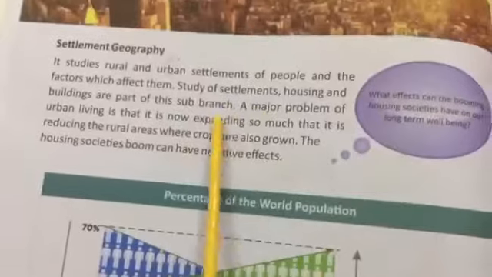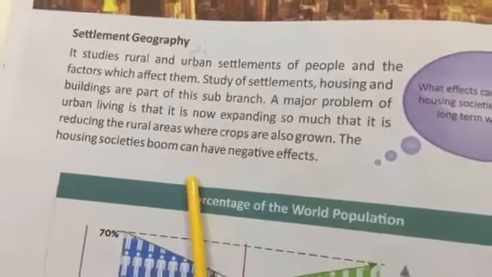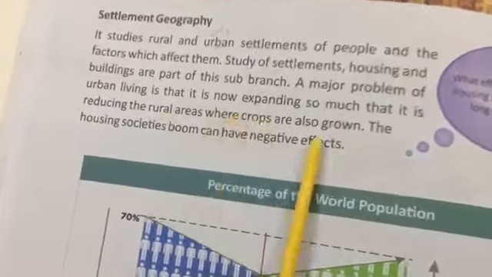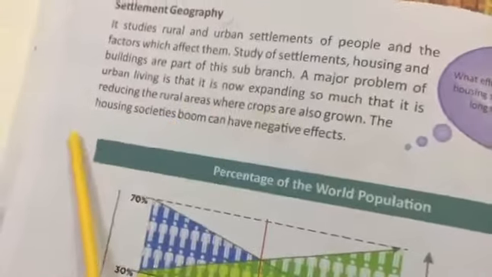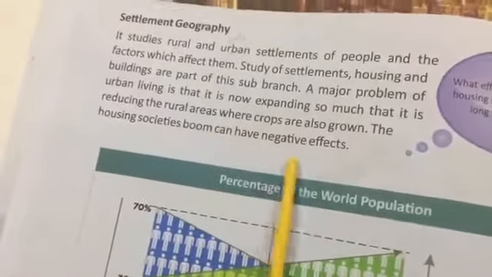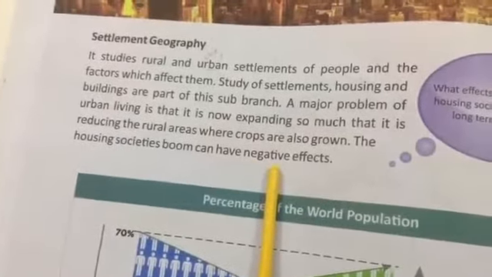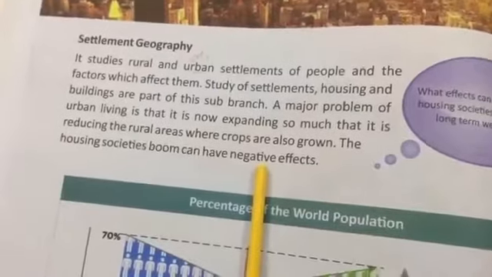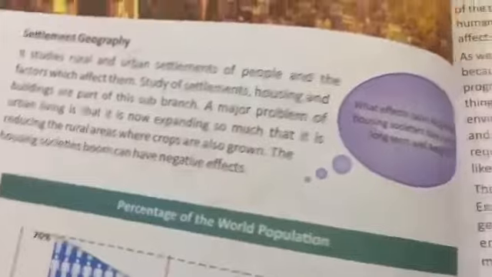As more houses and buildings are being built, it is reducing the area of rural regions, and it is reducing the growth of crops. So the housing societies boom can have negative effects. How can they have negative effects? If the crops will not be cultivated and the growth of the crops decreases, we will not have enough food, and the environment will also be damaged.